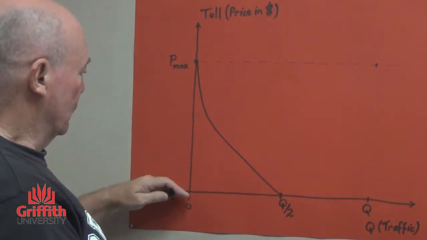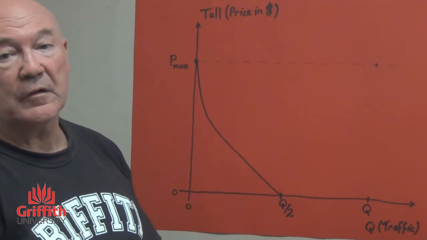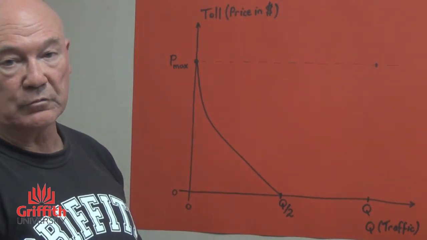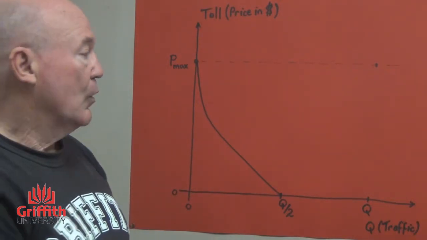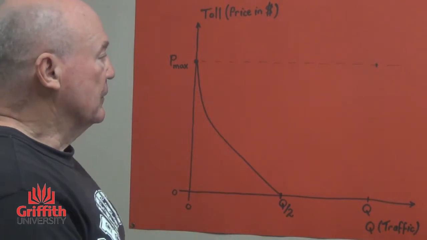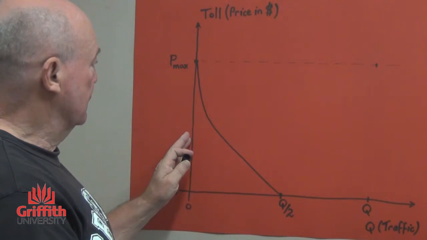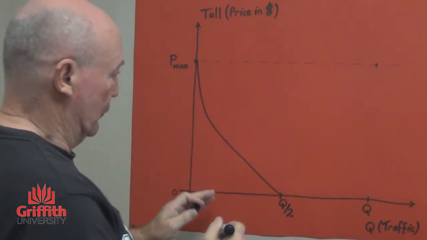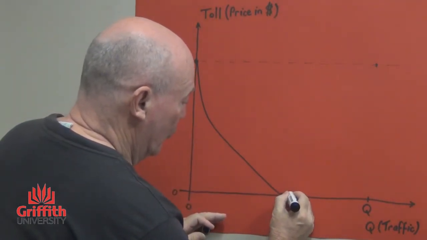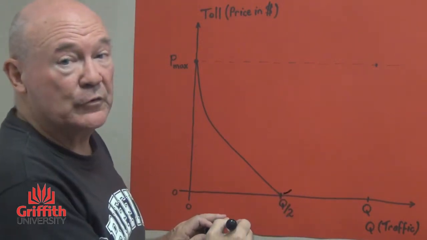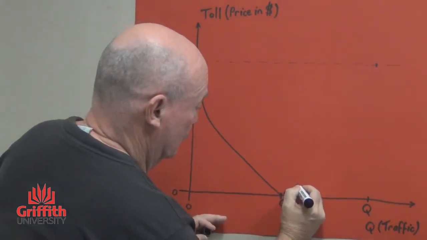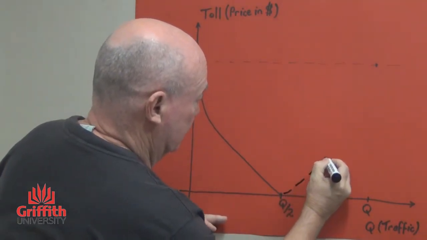As the price goes up, less and less people will use the toll road. What this means then is that we have a situation where as less and less use the toll road as the price goes up, more and more they'll be using the free road. So it will look like this.